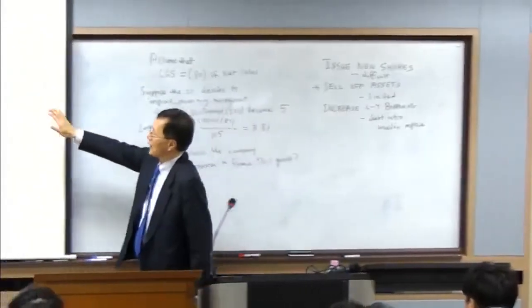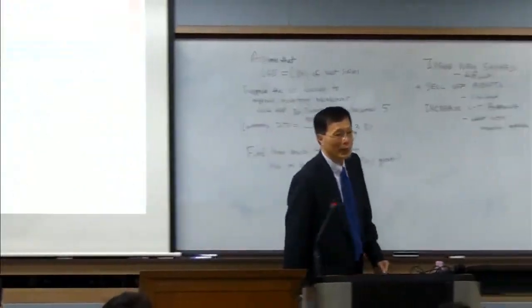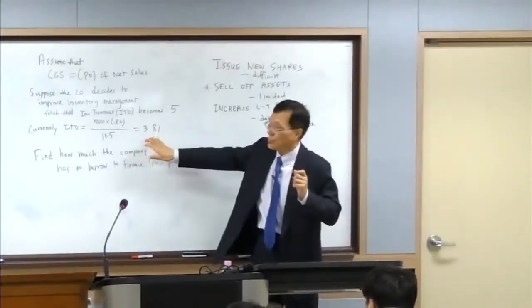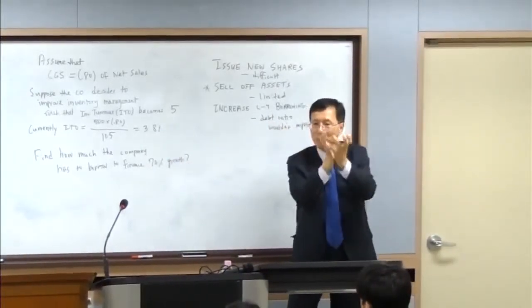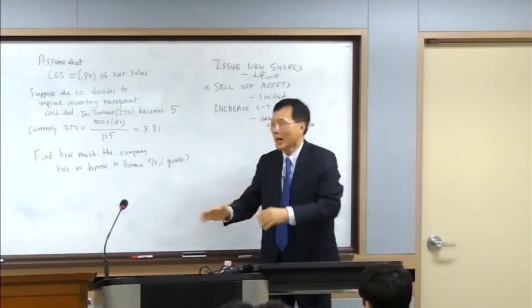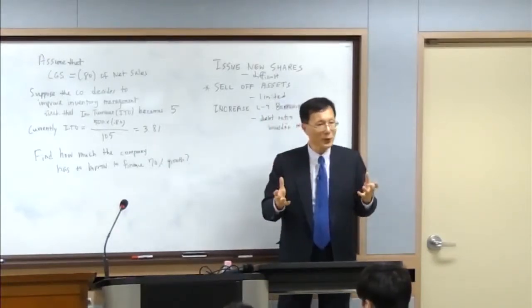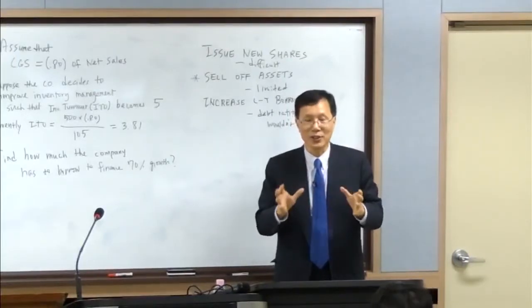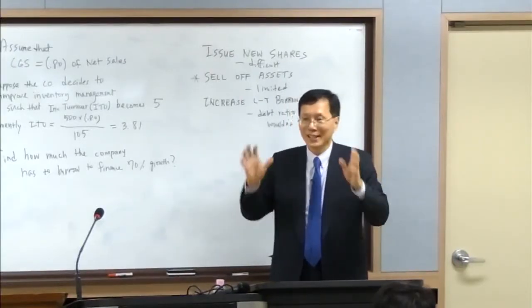Right now, the company has to borrow 144, but if inventory turnover can be improved from 3.81 to 5, how much should the company borrow? And how much savings in borrowing can occur because of this decision?